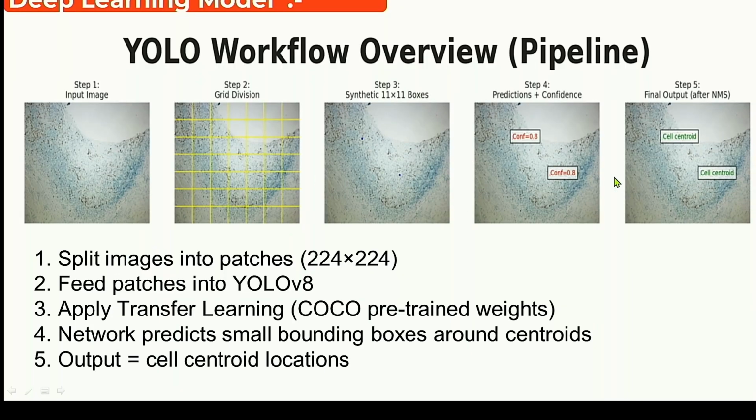Then the output we have is the centroid cell. Okay, we determine the size of the box as 11 by 11 because we focus only on the centroid of the cells, not the whole area of the cells. And this is the confidence.